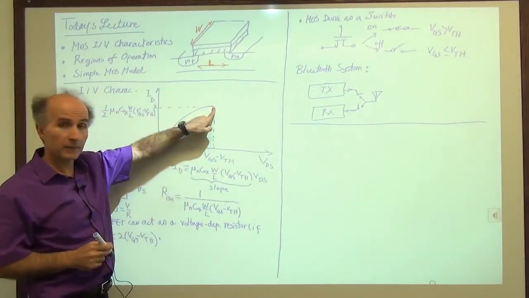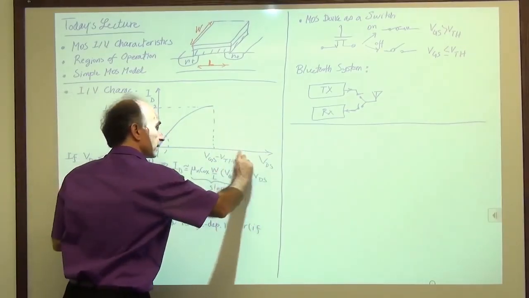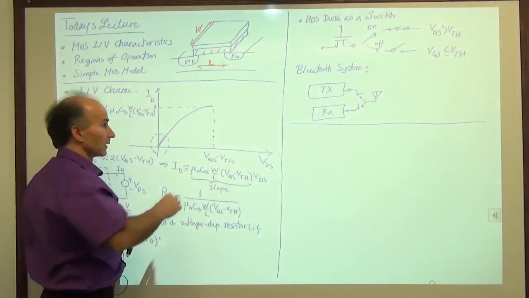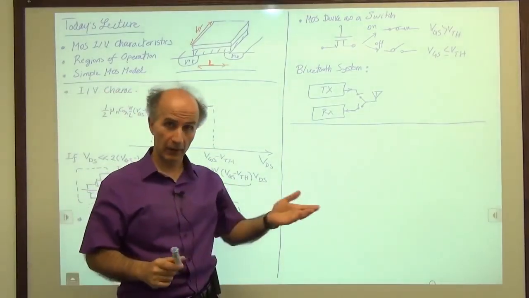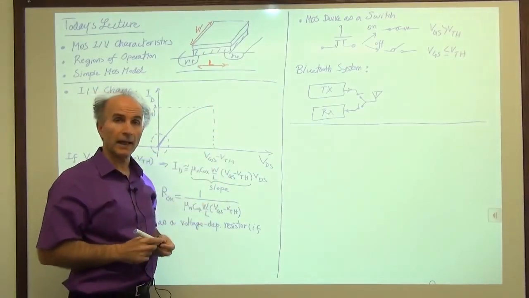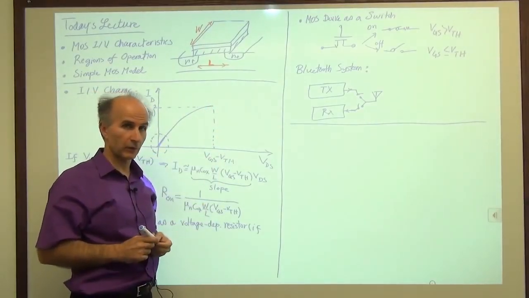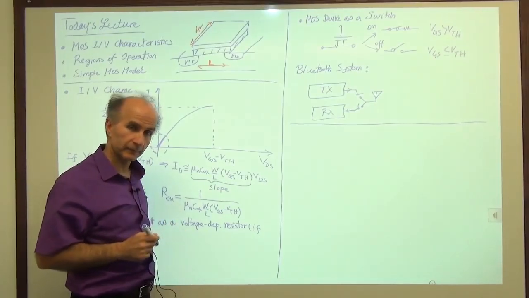What happens beyond this point? If in this test I keep increasing VDS of the device, what happens? So if this equation is valid, the equation I just showed you, the parabolic equation, then it predicts that the current has to fall. And that's somewhat troublesome. So that's what we would like to answer.